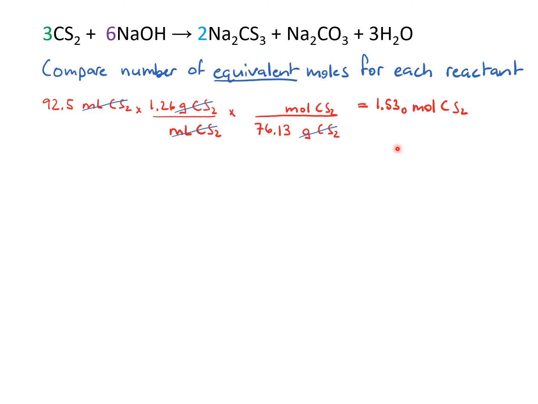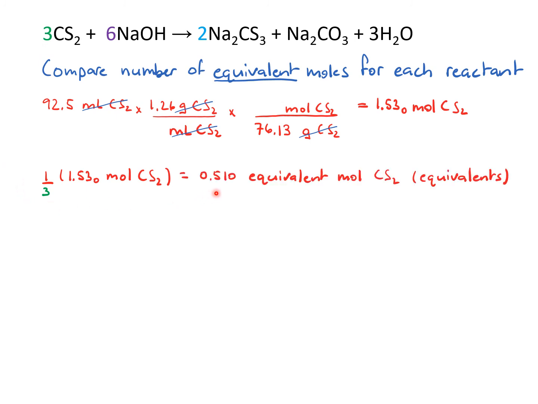Now, in order to convert this to equivalents, we would divide the moles of carbon disulfide by the stoichiometric coefficient, which in this case is 3. So here we have 1.53 divided by 3, which gives us 0.50 equivalents of carbon disulfide.